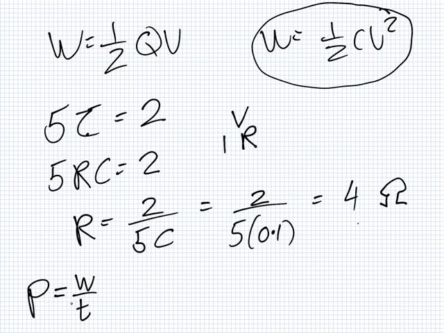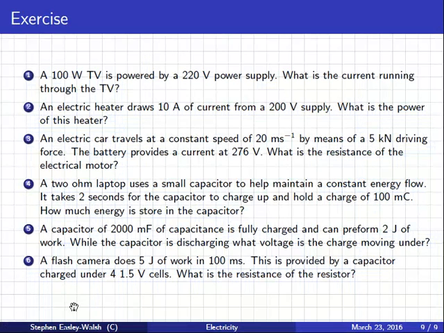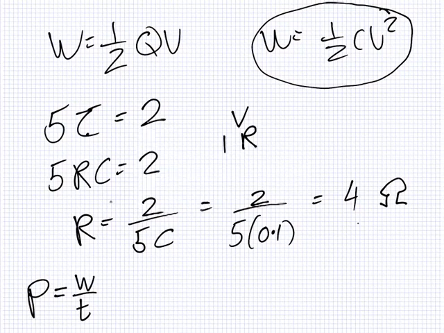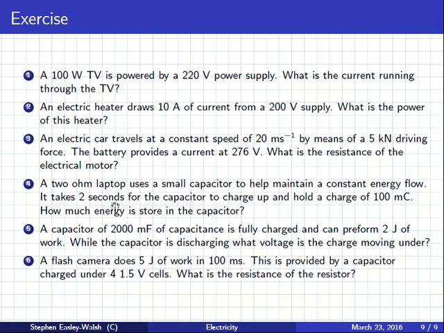I don't think I gave you enough information for this question. Wait a second, hang on. It says a 2 ohm laptop. We have the R, but that doesn't change it. But that R is different to this one. 2 seconds.